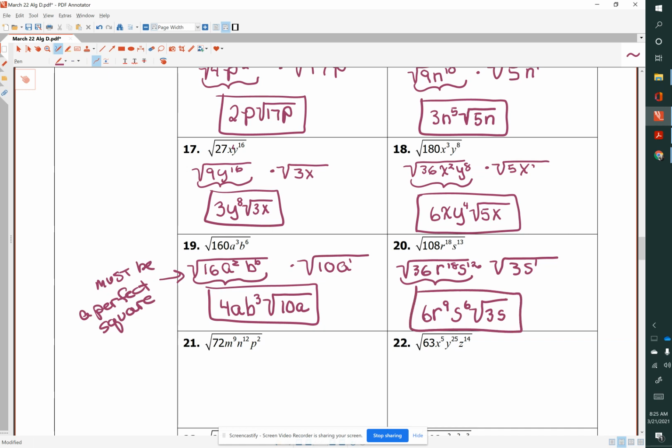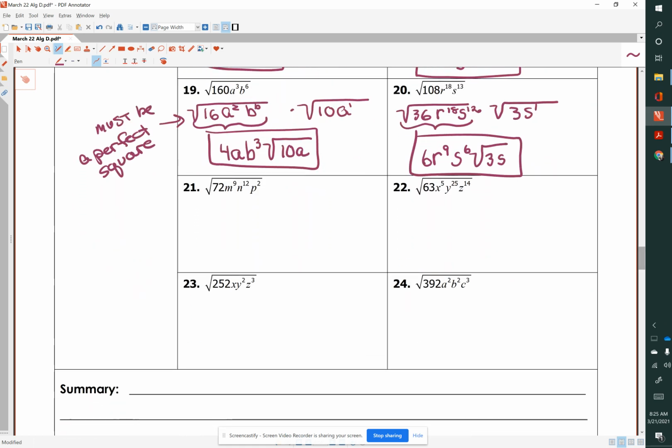And then number 21. We can think of this as 36 times 2, square root of 36 times the square root of 2. And we have m. 9 minus 1 is 8. We need to put an m here.